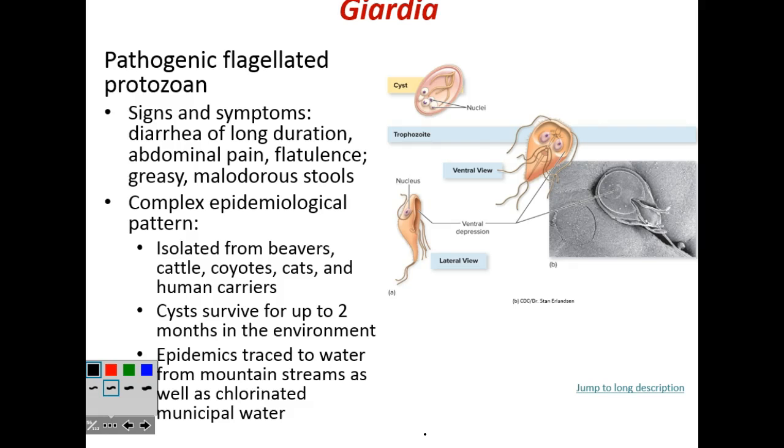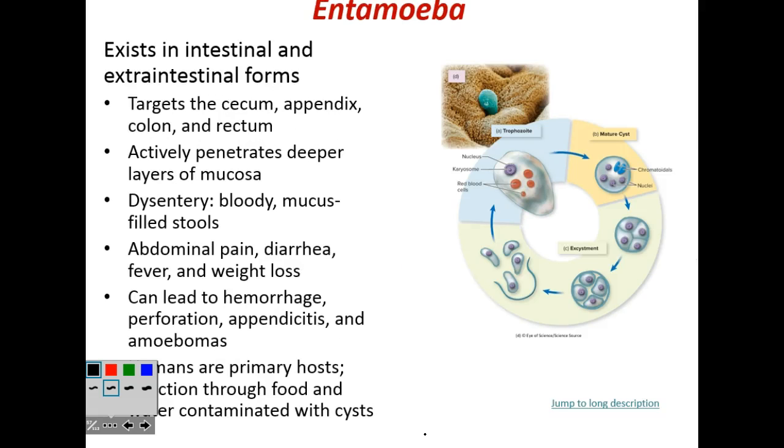Flagella help it to move, makes it motile. Signs and symptoms: diarrhea of long duration, complex epidemiological pattern. It's isolated from beavers, cattle, coyotes, cats, and human carriers. The cysts from it survive for up to 2 months in the environment.